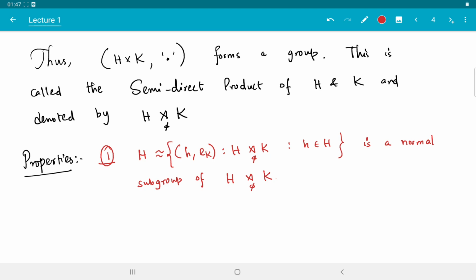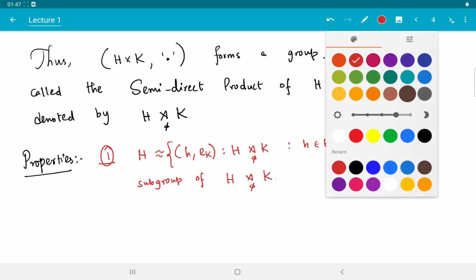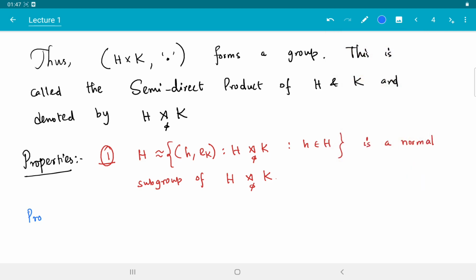So how to prove this? It is easy to prove: take an element (h, eK) from H cross K, multiply with another element (h1, k1) from H cross K and with its inverse.